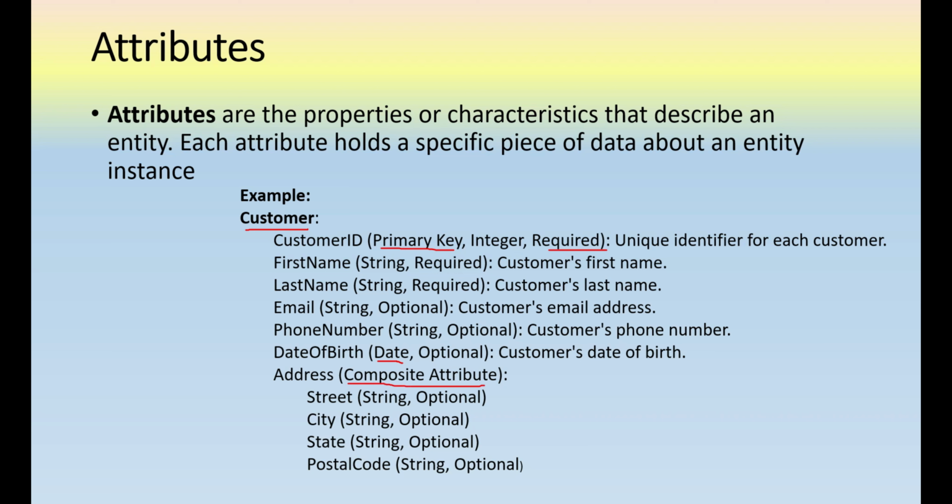We call it a composite attribute because it has sub attributes. Address is a combination of street, city, state, and postal code attributes. That's why it is called a composite attribute. Whatever you see here, these are attributes, and this particular customer is an entity.